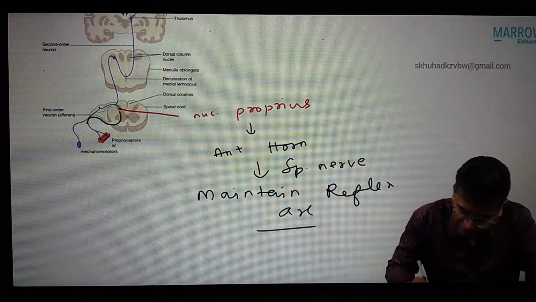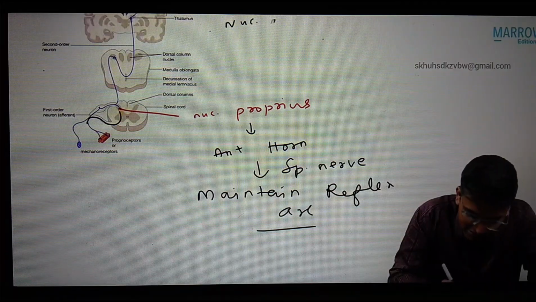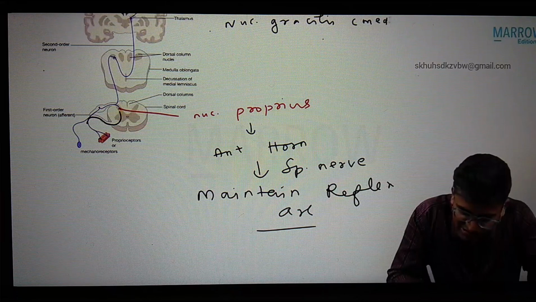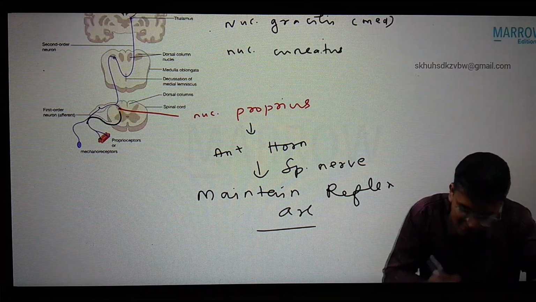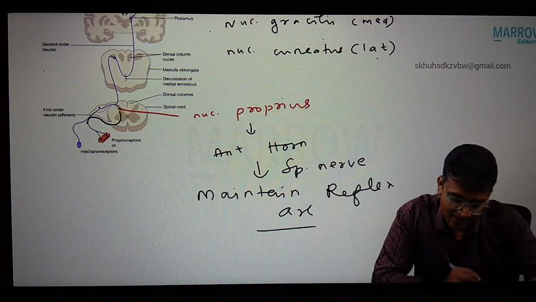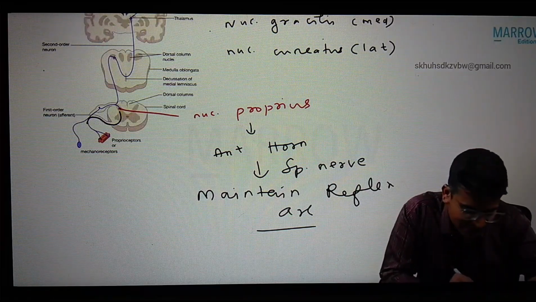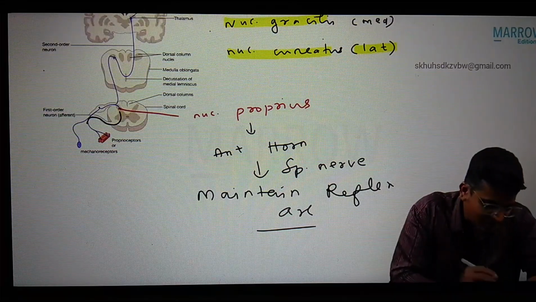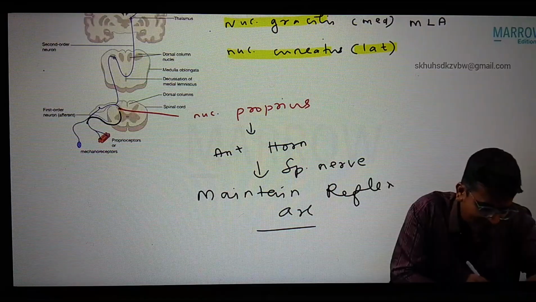Now one more thing. I told you we have two nuclei, nucleus gracilis and nucleus cuneatus. Nucleus gracilis is the medial nucleus and nucleus cuneatus is the lateral nucleus. Please remember the mnemonic MLA.